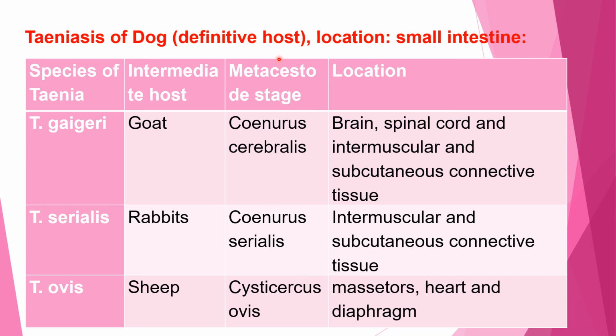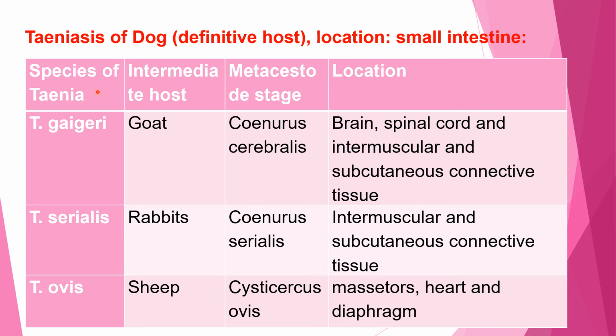Now here in the table we see the various taeniasis of dog, and the dog is the definitive host for all these taenia. The adult worm is located in the small intestine of the dog. We have seen detail about Taenia multiceps because it is commonly occurring.